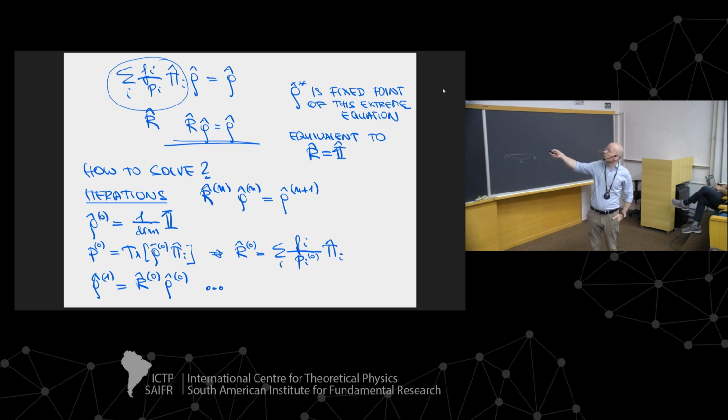Applying this operator to the nth iteration of the quantum state, we get the next iteration, and we can repeat this process indefinitely, or stop it somewhere.